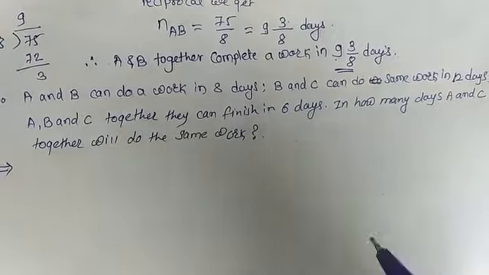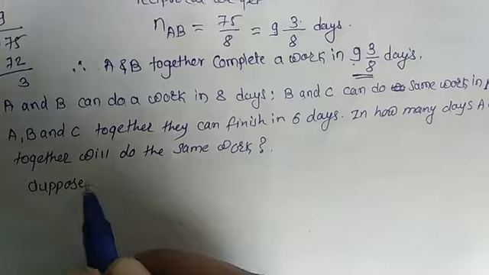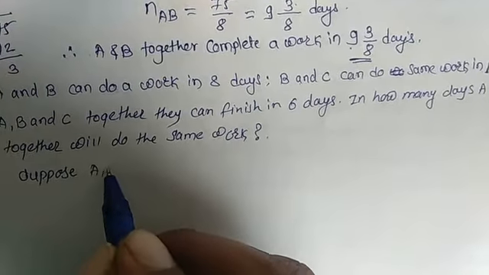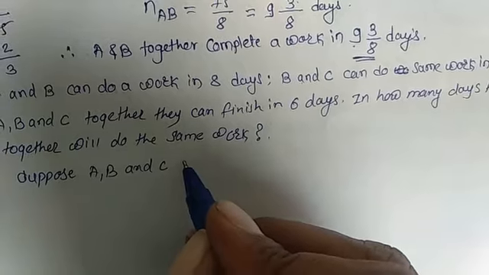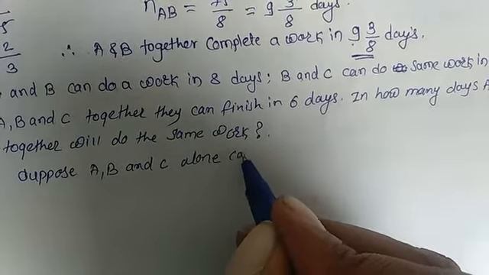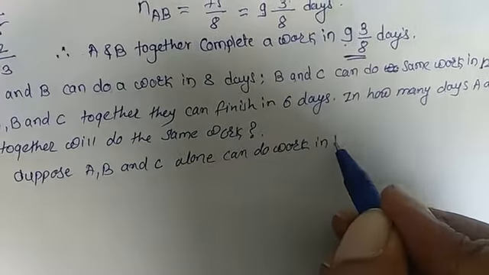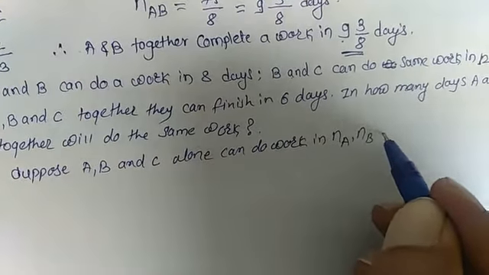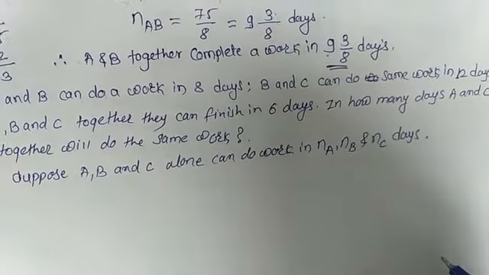So first we have to suppose A, B and C alone can do the work in n_A, n_B and n_C days respectively.